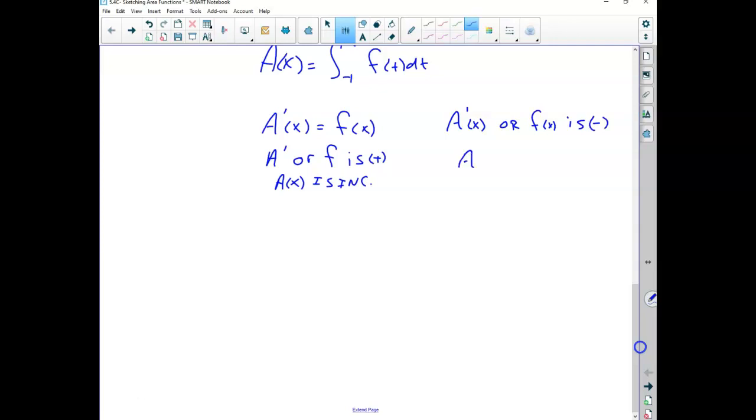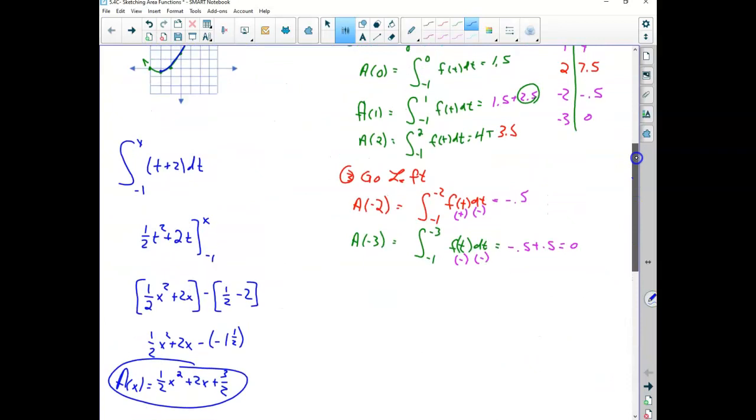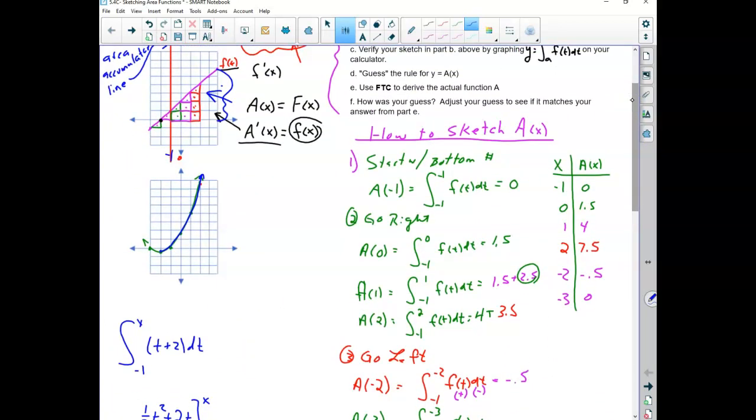That meant A is decreasing, didn't it? Well, let's check this out. Where are we at here? Well, here we're negative, right? A prime is negative. That meant A was decreasing on that last little niblet there, okay?